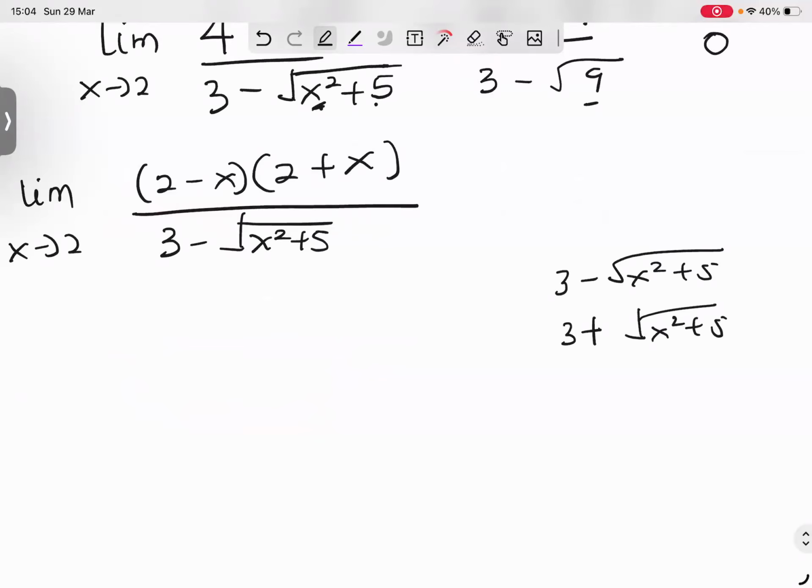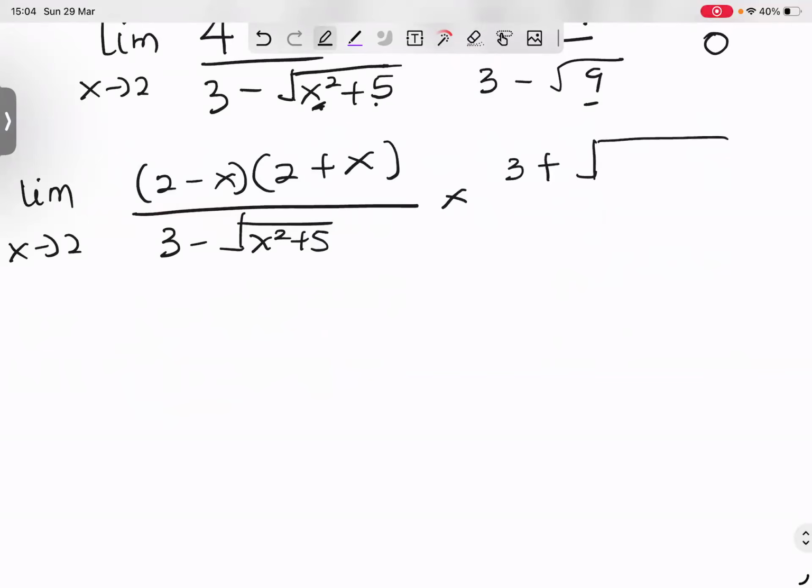We multiply both top and down by this conjugate here. Right, so multiply both top and bottom because it was not originally there. So we have times 3 plus square root of x squared plus 5 divided by 3 plus square root of x squared plus 5.